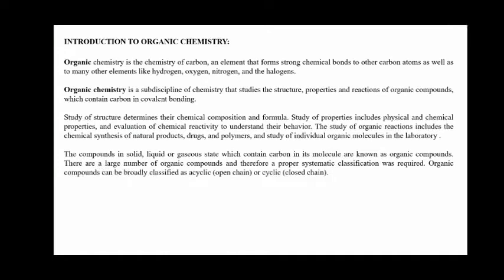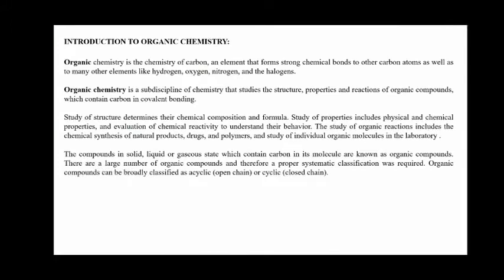In general, organic chemistry deals with the chemistry of carbon, an element that forms strong chemical bonds to other carbon atoms as well as to many other elements like hydrogen, oxygen, nitrogen and halogens. As we discussed previously, carbon has to make a bond with itself, that means the same carbon atoms, otherwise with any heteroatoms, whatever it may be.